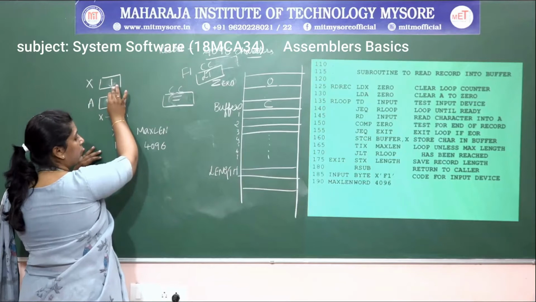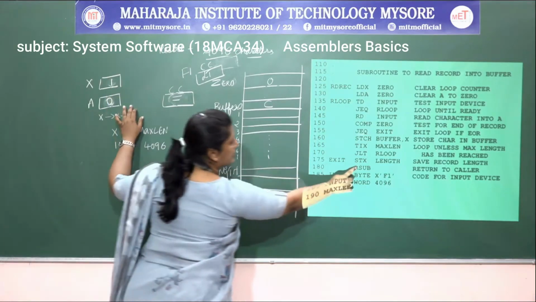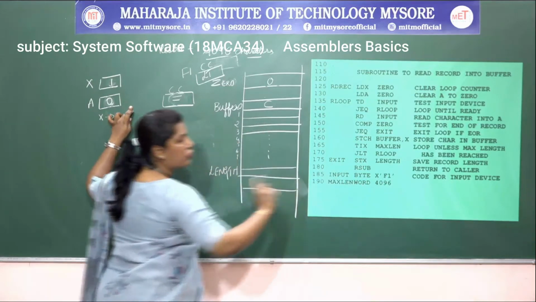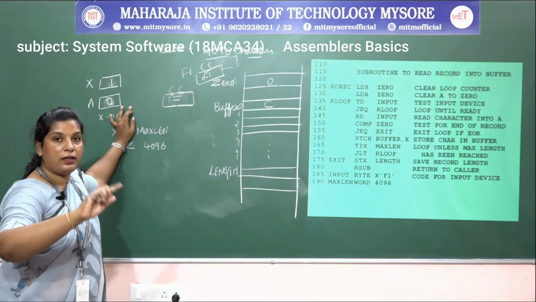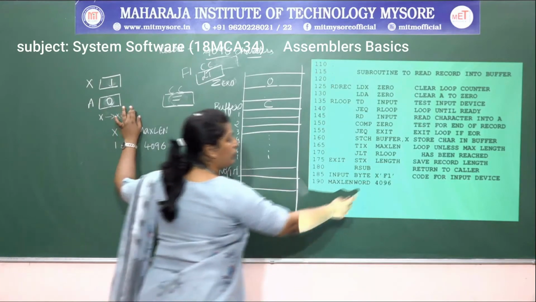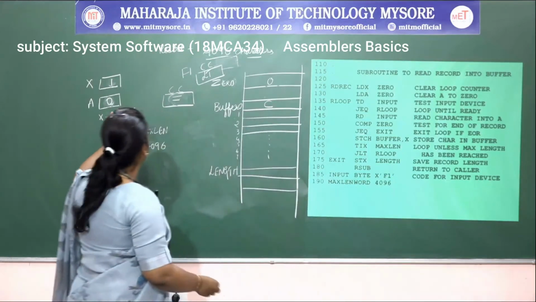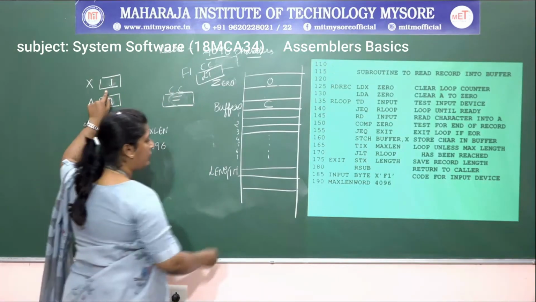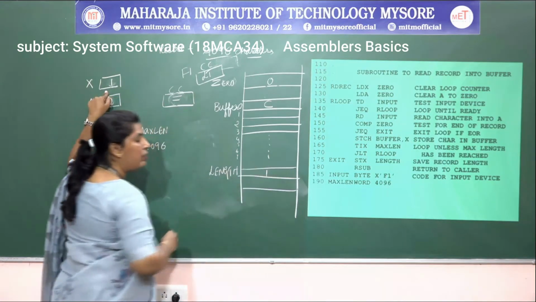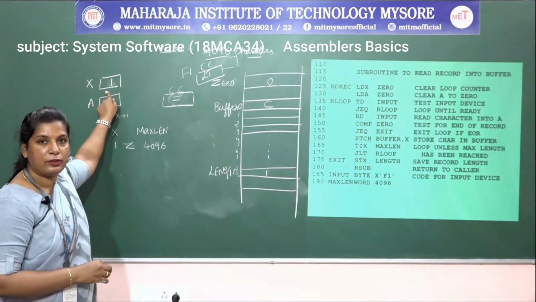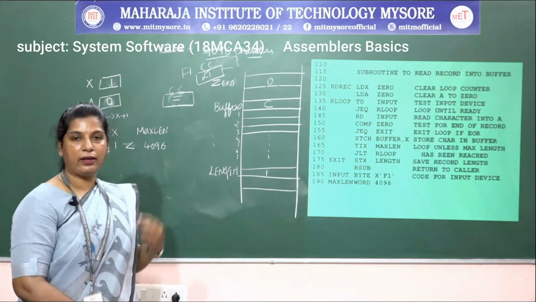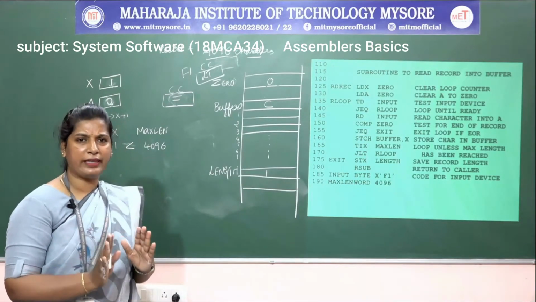If it is 1, what this instruction is saying is store index register value. The store instruction is for storing the value from a register to memory. To which memory does it have to store? To the length. The index register value is 1, so it has to be stored in the memory variable length. So the record length is only 1 character. That's it.